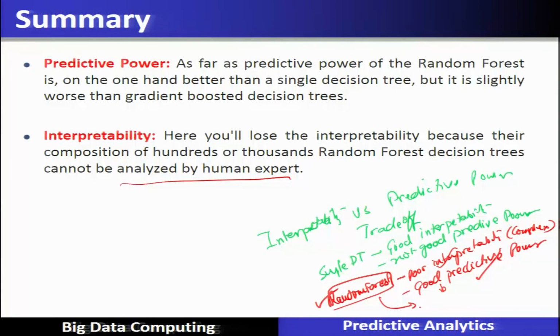Another improvement of random forest is called the gradient boosted decision tree, which has much better predictive power compared to the decision trees.